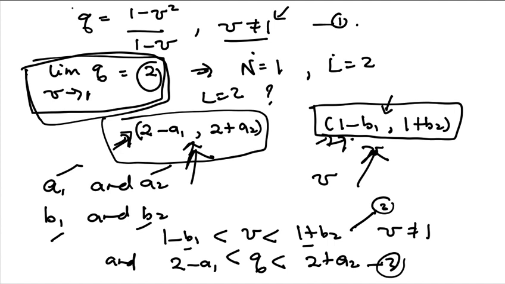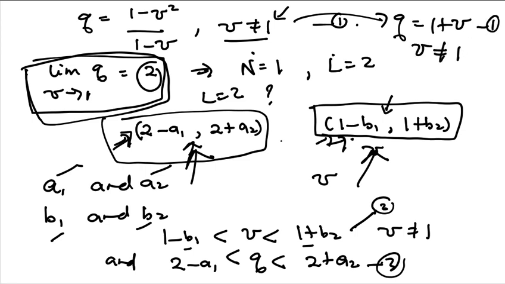So this is equation 1 here. Q equals 1 minus v squared over 1 minus v, such that v is not equal to 1. After you simplify it, then here we have q equals 1 plus v, isn't it? Such that v cannot be equal to 1.